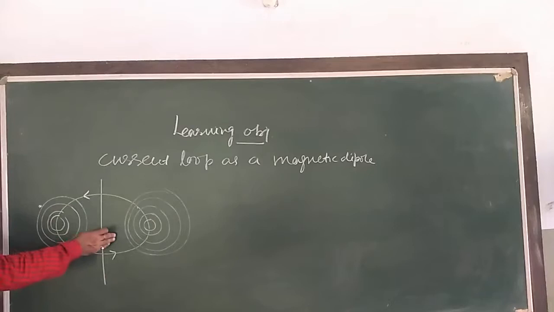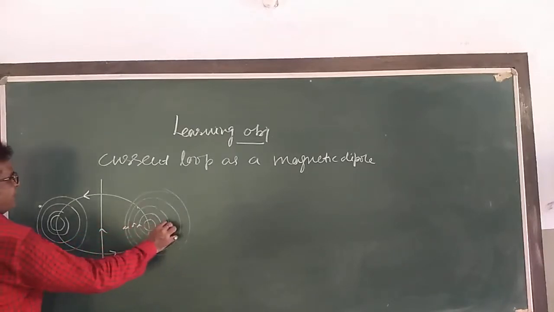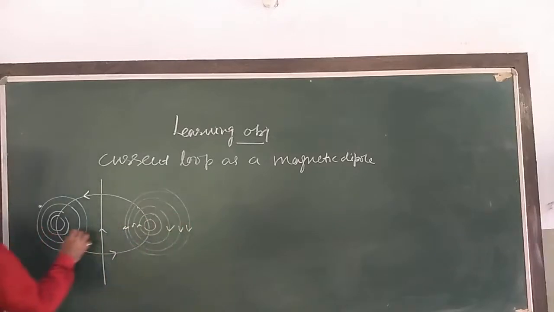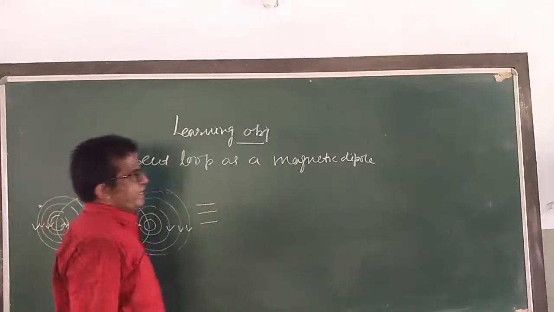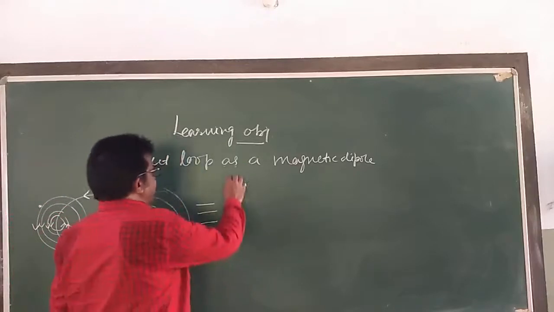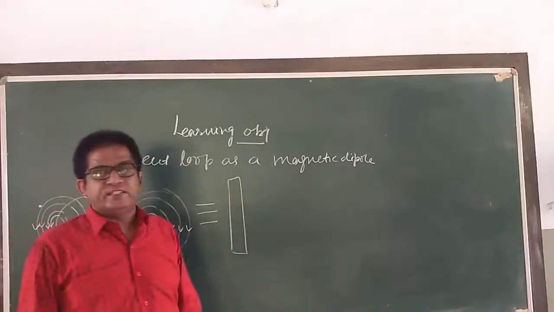When seen from this surface, you can see these are in a clockwise direction, and seen from this face it is something like this. Now what we are going to see is how this will behave as a magnetic dipole. This is a symbol of equivalence.